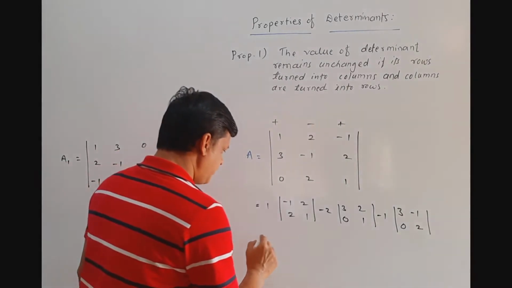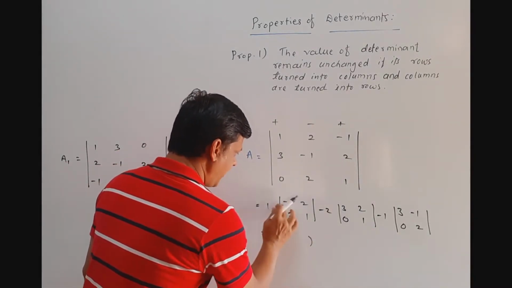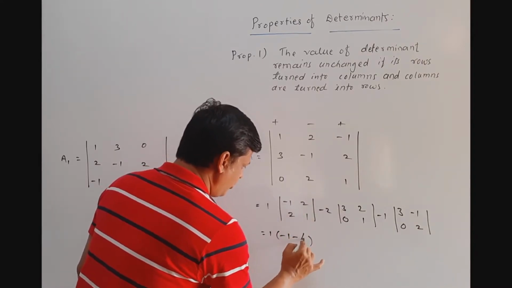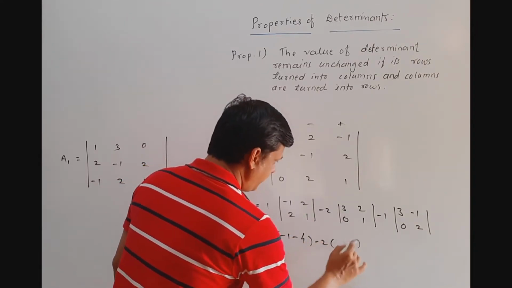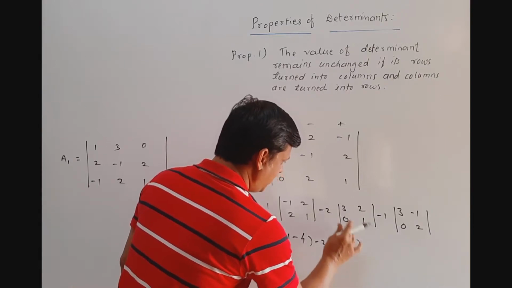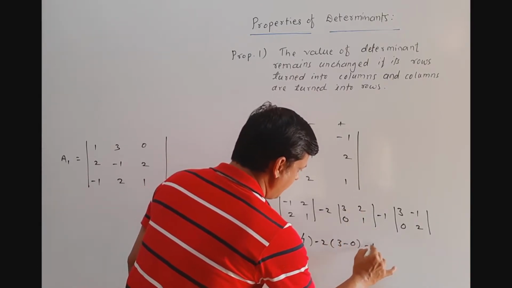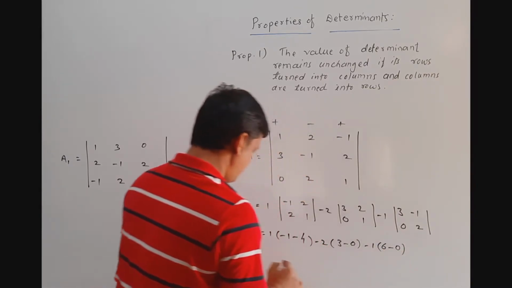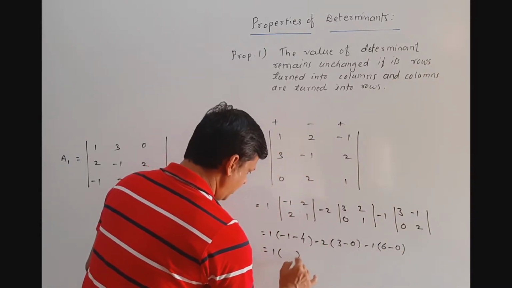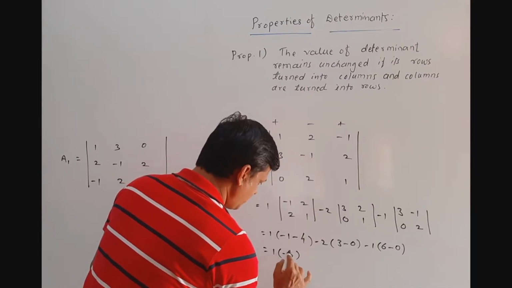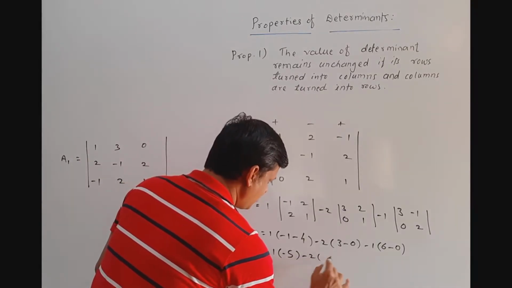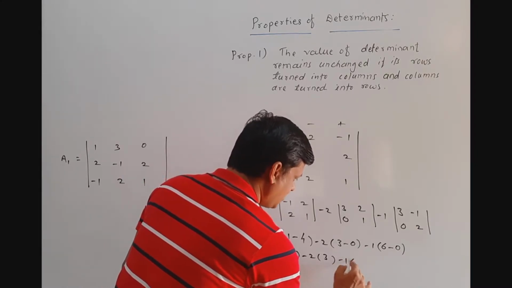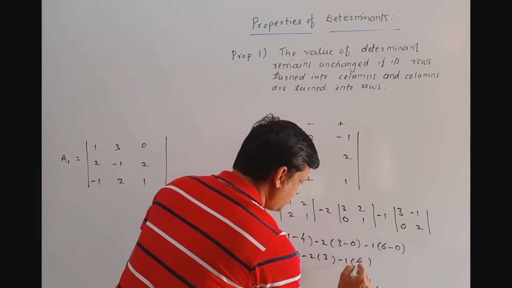So calculate this value. 1 in bracket, minus 1 into 1 we get minus 1, minus 2 into 2 is 4, so minus 5. Minus 2 in bracket, 3 into 1 is 3, minus 0 into 2 is 0, so 3. Minus 1 in bracket, 3 into 2 is 6, minus 0, so 6.